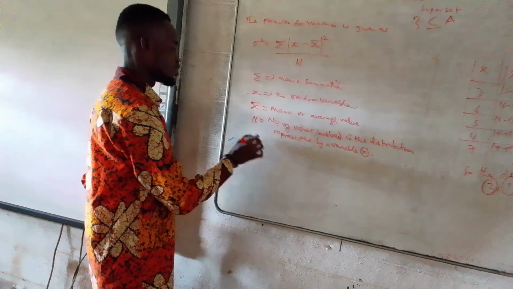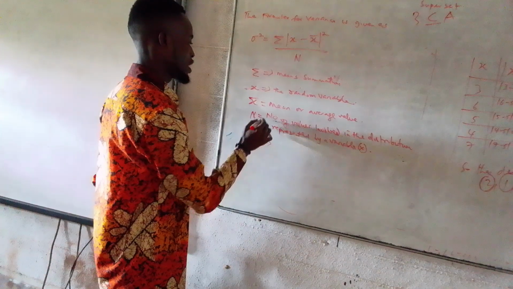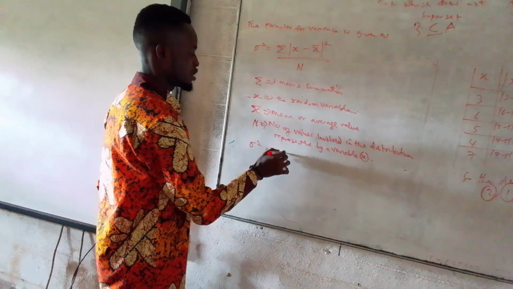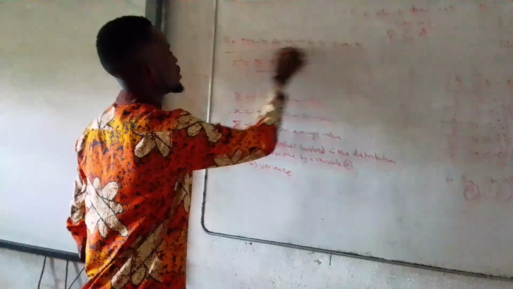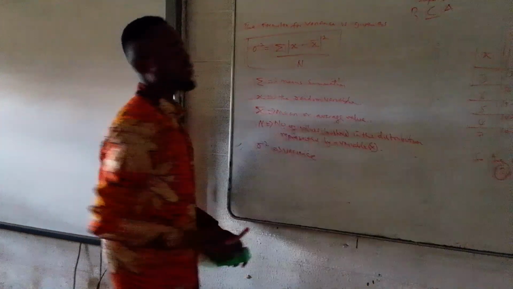Then this symbol, of course, you know now, is the symbol for variance.